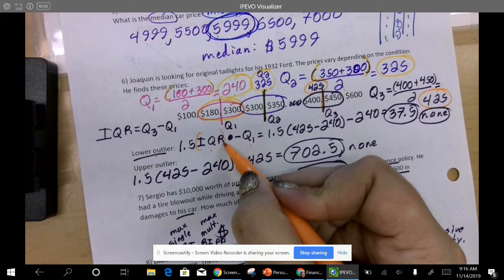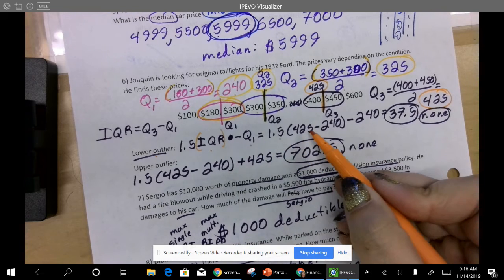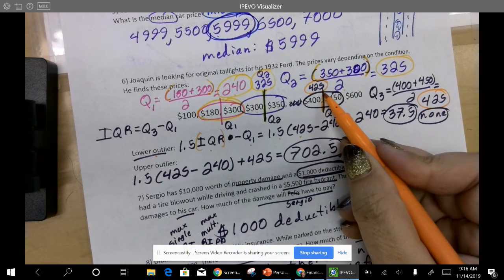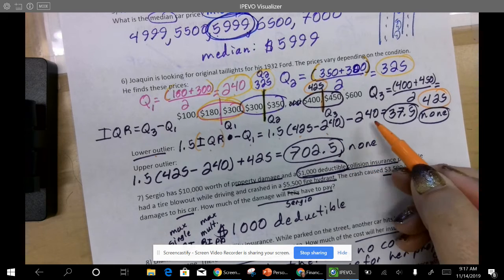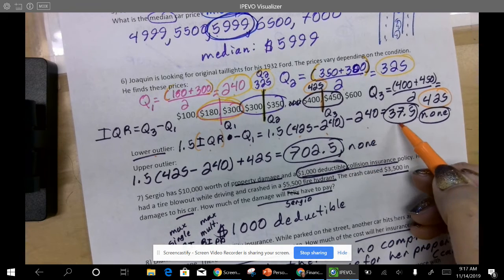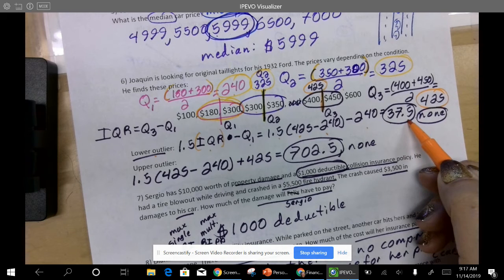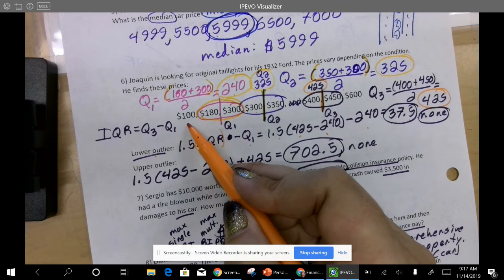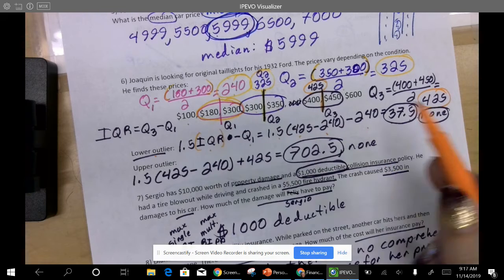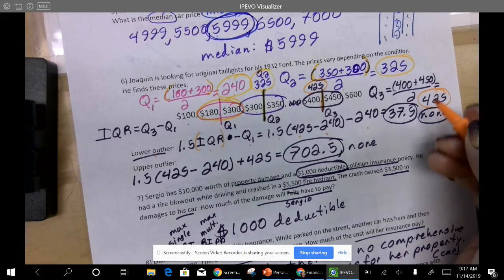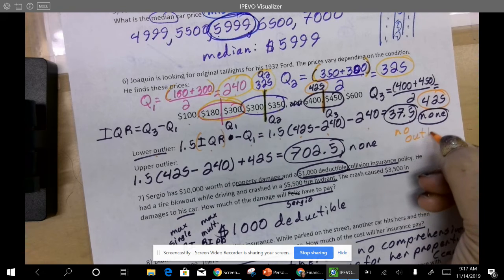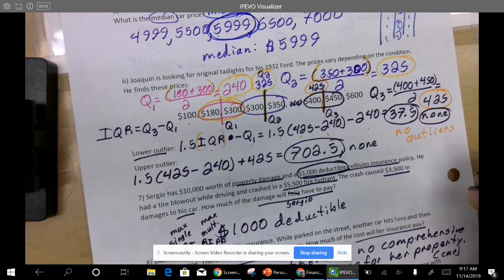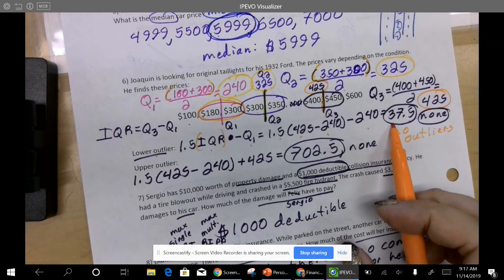So I do 1.5 times 425, which is my quartile 3, minus 240, minus 240, and I got $37.50. None of the prices for the tail lights are lower than that. So there are no outliers. None of the prices are below $37.50.